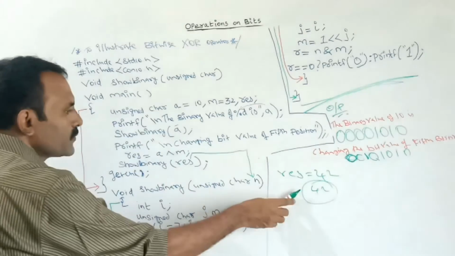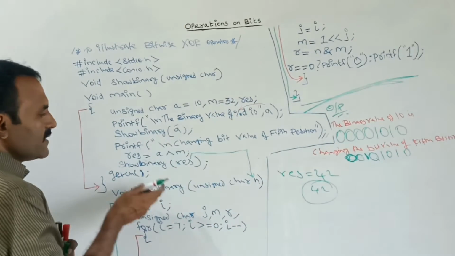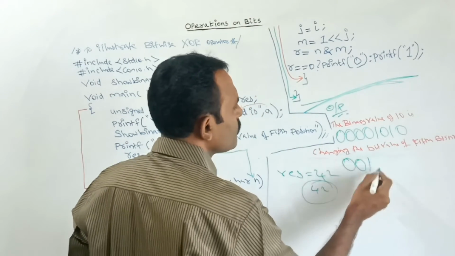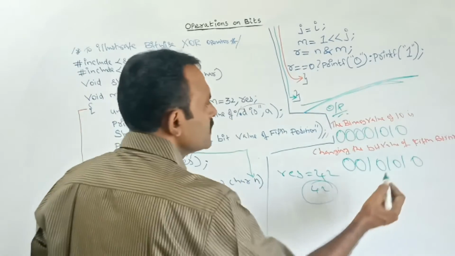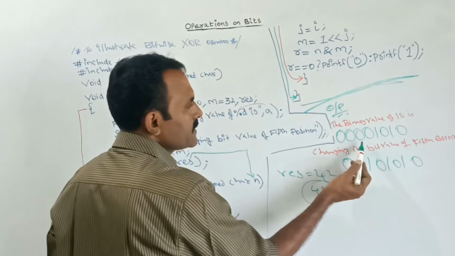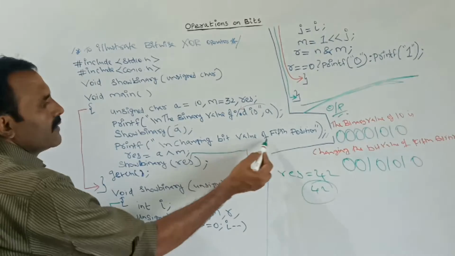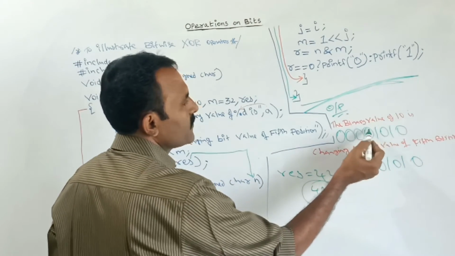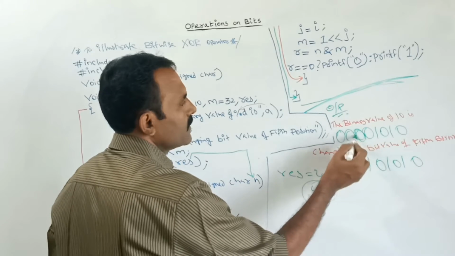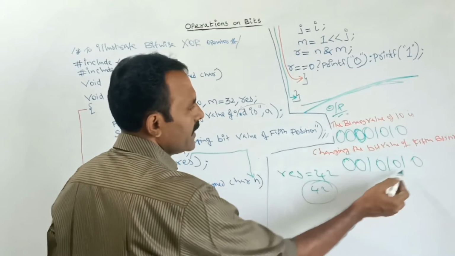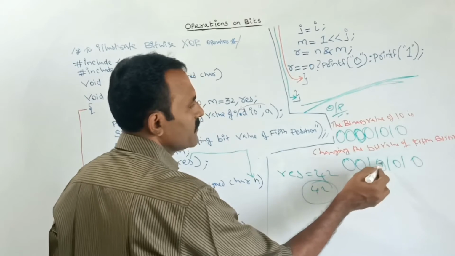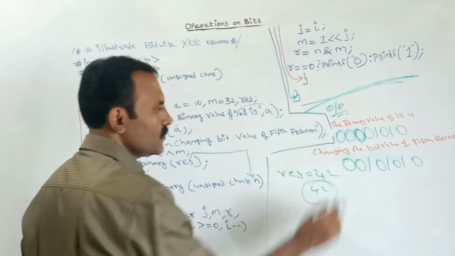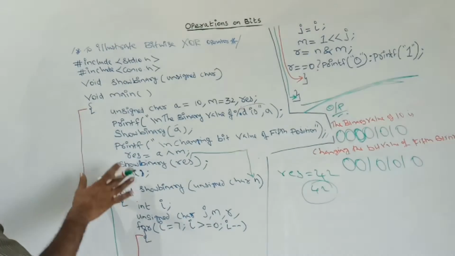Here this 42 binary value will be displayed. I have changed the 5th position value. Under position, 0th, 1st, 2nd, 3rd, 4th, 5th position is here false. But here I have changed 0, 1, 2, 3, 4, 5. This 5th bit value is toggled to 1. 0 is toggled to 1. So this will display like this.